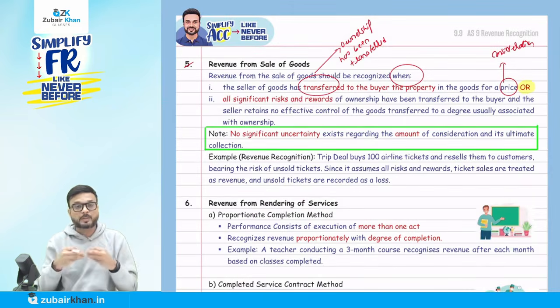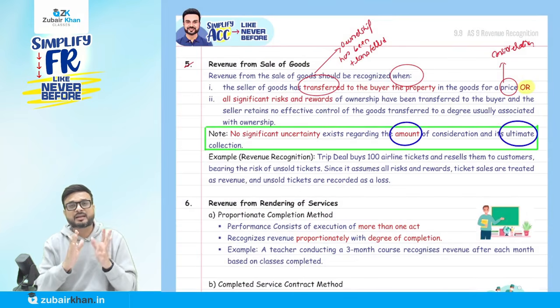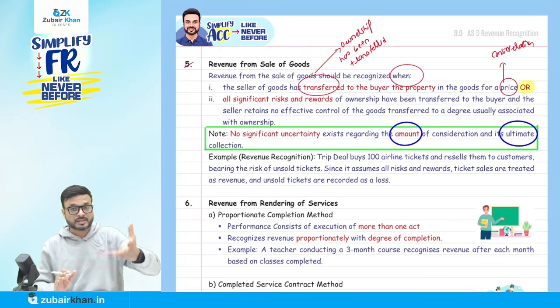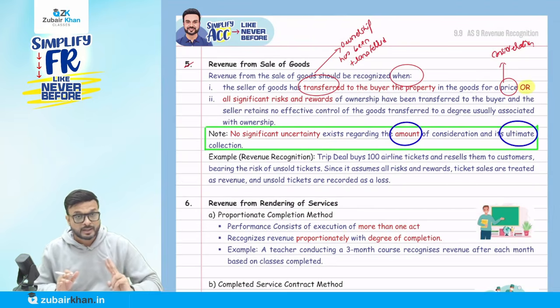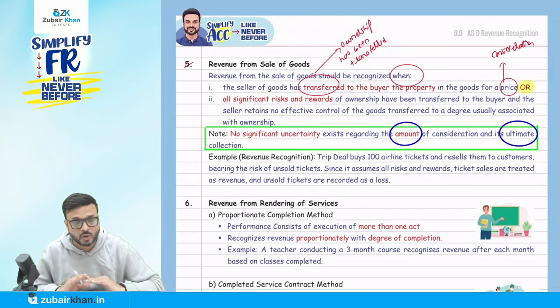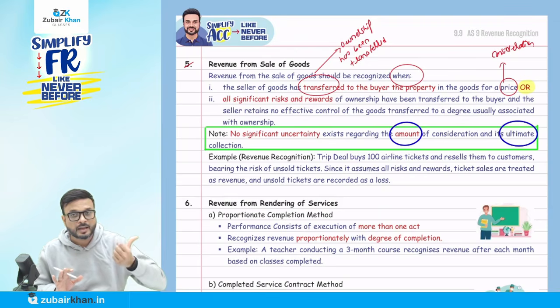I know we sold something and we are going to recover the amount, and we know how much amount we are going to recover. So these 2 points should be fulfilled, and in all the cases there is no uncertainty regarding how much is the amount and how we are going to recover it. Ultimate collection will happen.